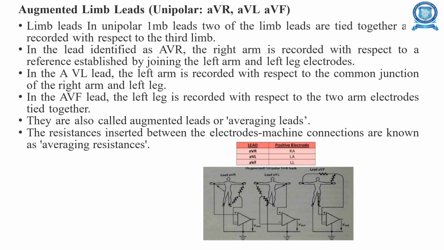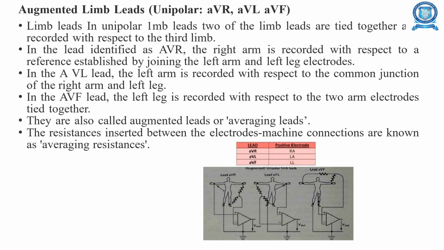Augmented limb electrodes are unipolar: AVR, AVL and AVF. Two of the limb leads are tied together and recorded with respect to the third limb. In the lead identified as AVR, the right arm is recorded with respect to a reference established by joining the left arm and left leg electrodes.